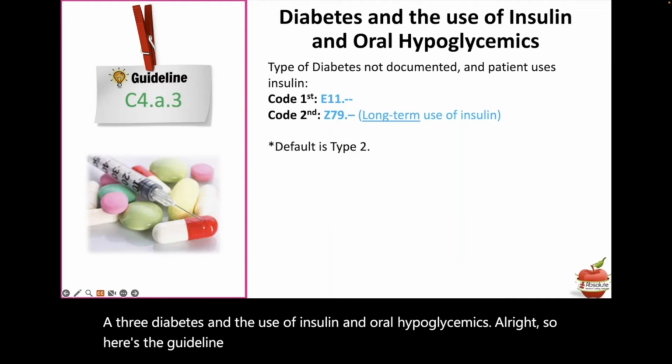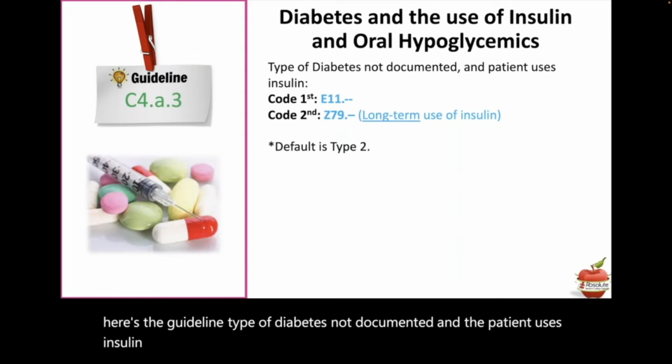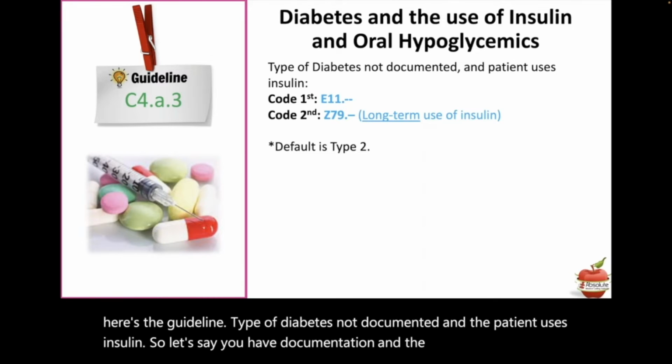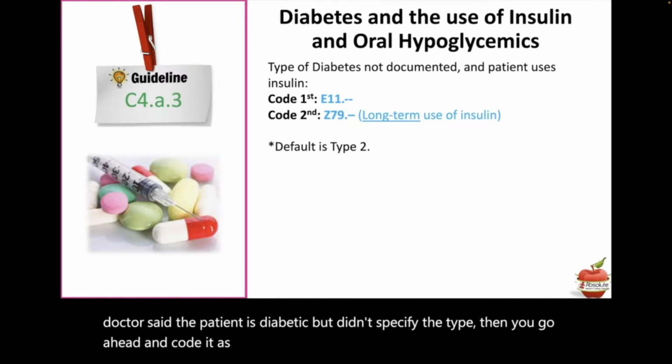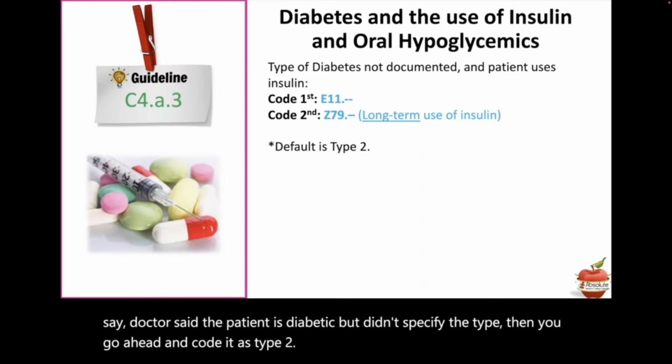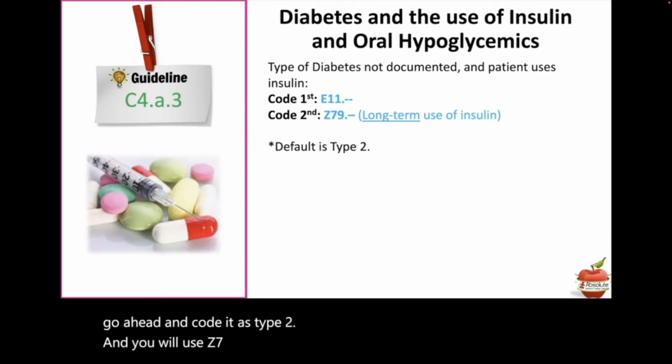Type of diabetes not documented and the patient uses insulin. So let's say the doctor said the patient is diabetic, but didn't specify the type, then you go ahead and code it as type 2, and you will use Z79.4, long-term use of insulin. Remember, the default is type 2.